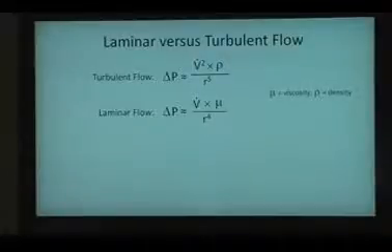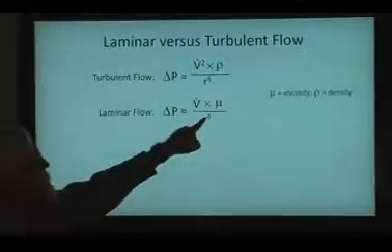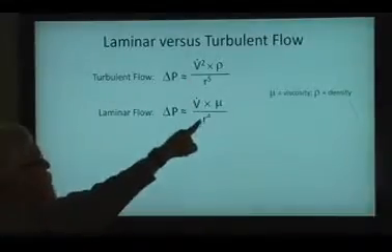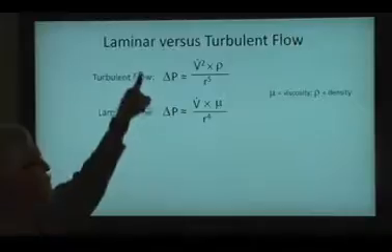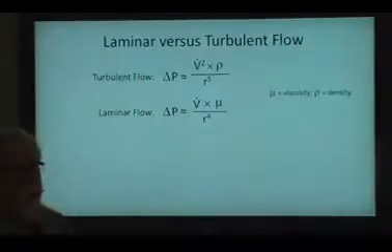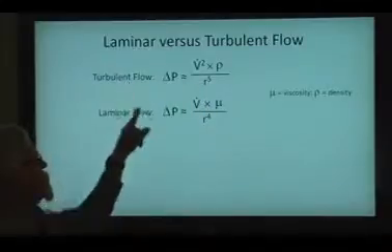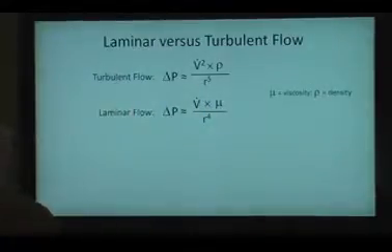Also, you can see that radius is a big determinant of the amount of pressure required for laminar versus turbulent flow. And the effective radius is much greater for turbulent flow than it is for laminar flow.